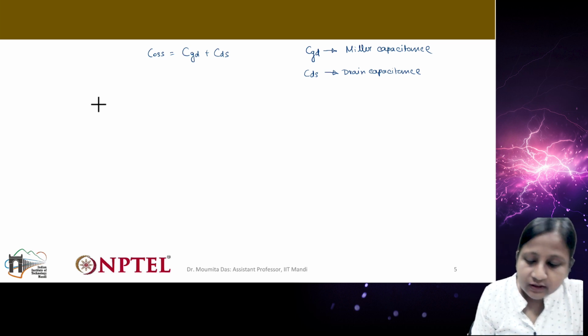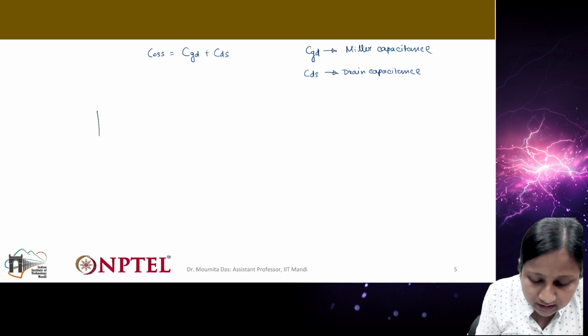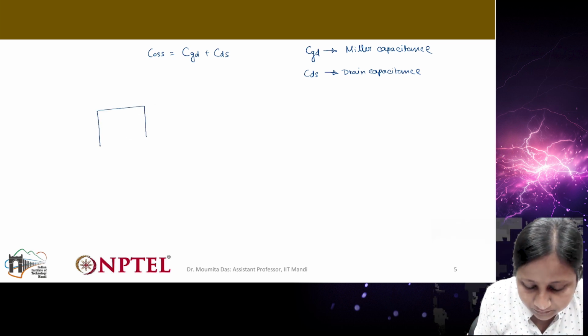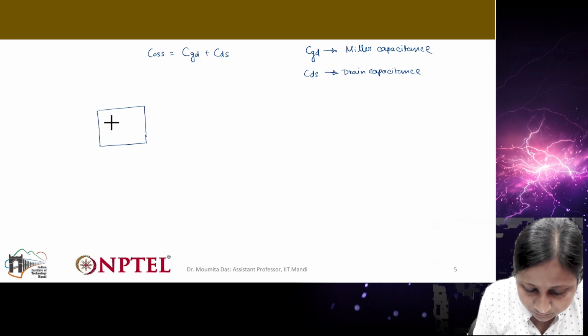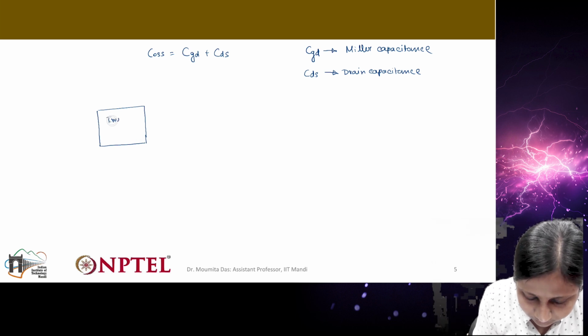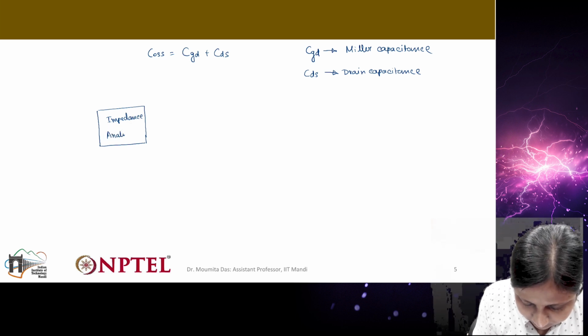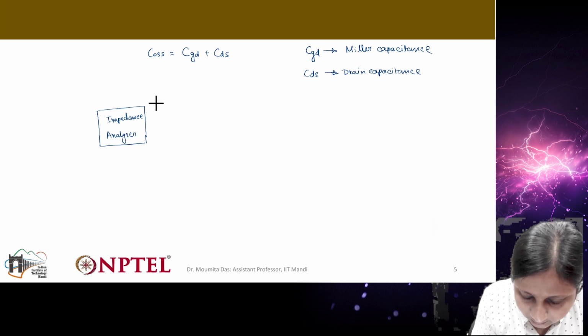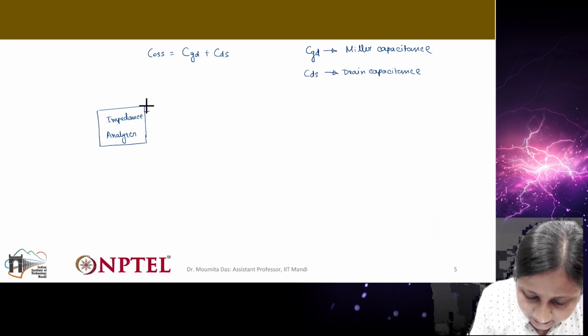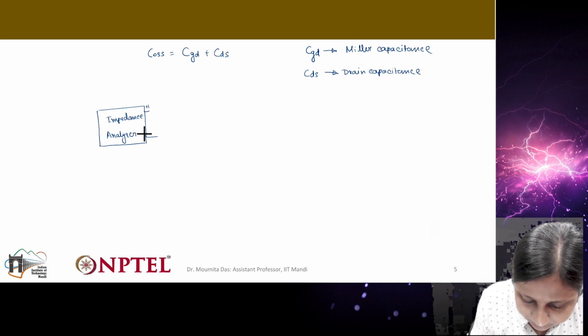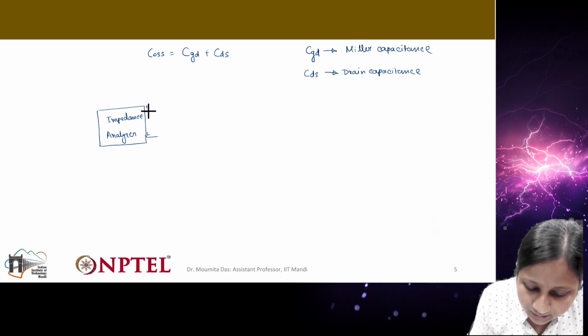If any device is connected to an impedance analyzer, which has a high side and a low side, then what will happen?